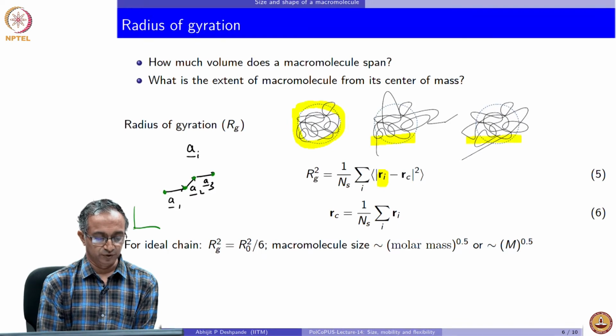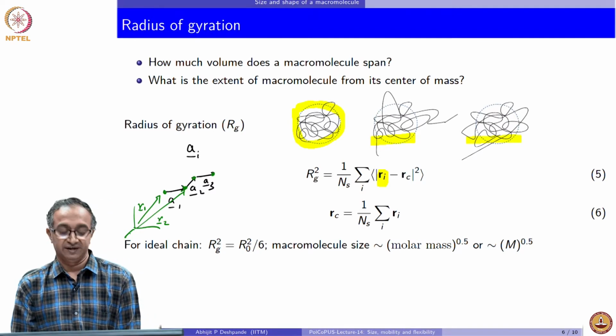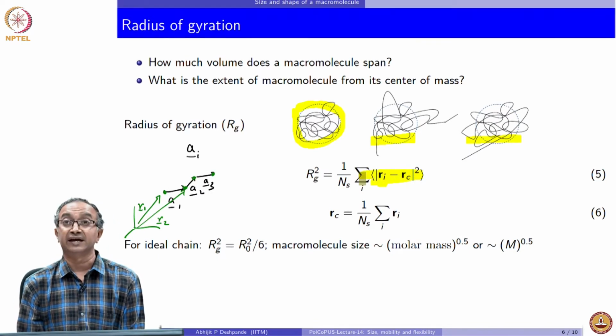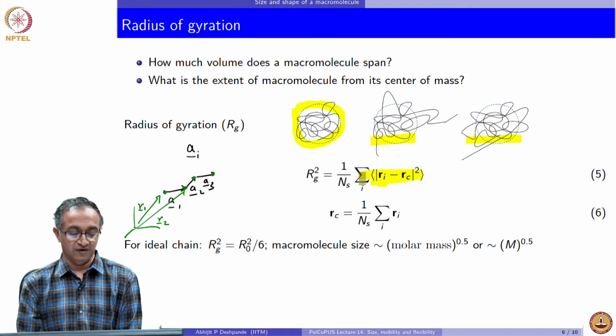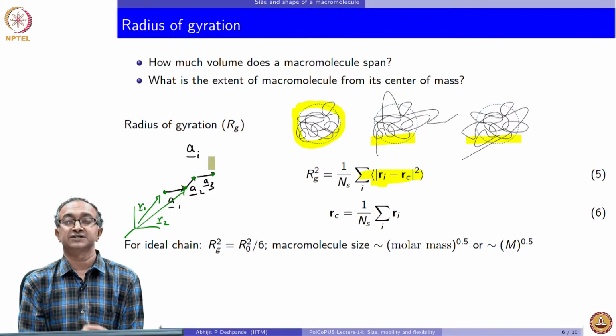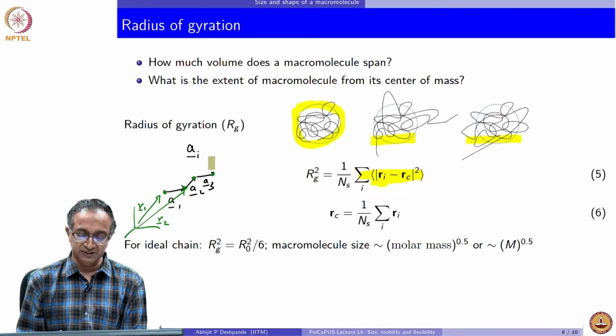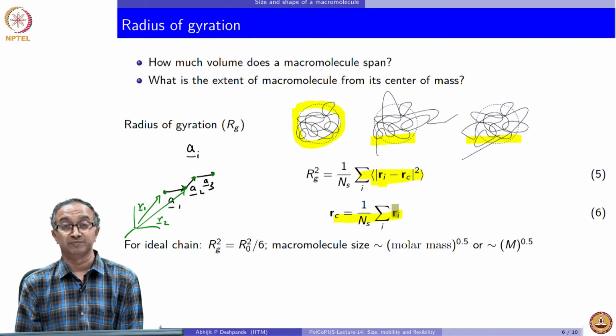So if we have origin somewhere, then this is R1 and this is R2 and so on. So we can define the radius of gyration as again an ensemble average of how the position of each and every first, second, third, fourth atom with respect to the center of mass, and RC is the center of mass.